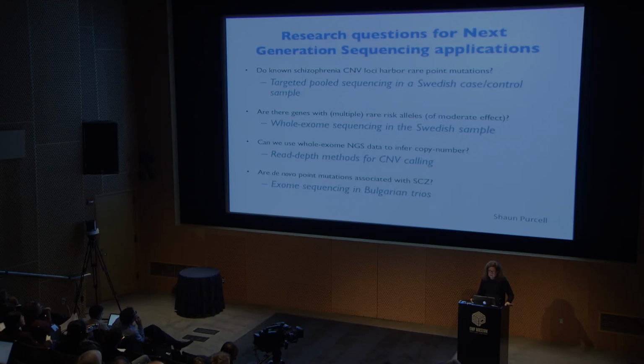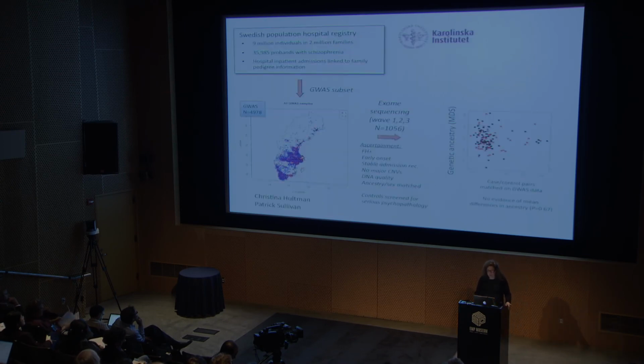What the lab is spending a great deal of time working on now are the research questions that will occupy geneticists in psychiatric genomics for the next few years, which have to do with do known schizophrenia CNVs harbor rare point mutations? Are there genes where multiple risk alleles of moderate effects occur? And can we do some statistical and technical development that will allow us to make use of exome sequencing?